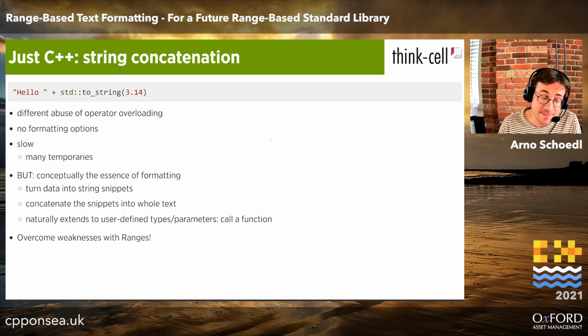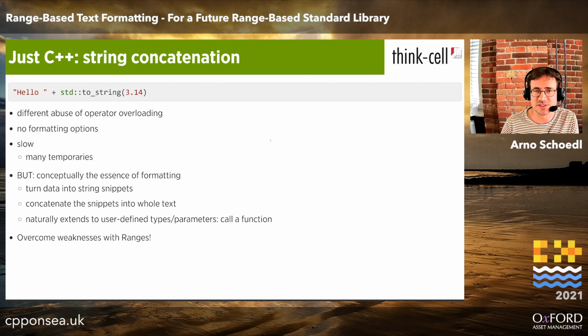That said, I do like that concept because it's really the essence of formatting. It reduces the formatting into very basic things. At the end, it's just concatenating snippets. And then the question is, okay, how do you turn some data type that you have into a snippet that you can then concatenate? And that's kind of a separate problem, right?